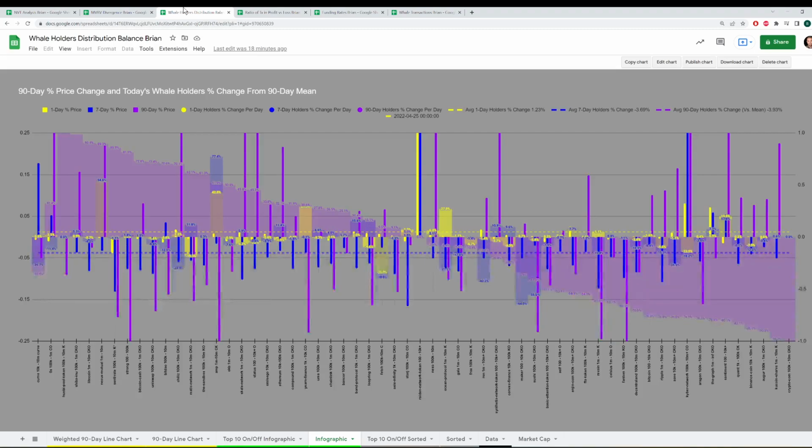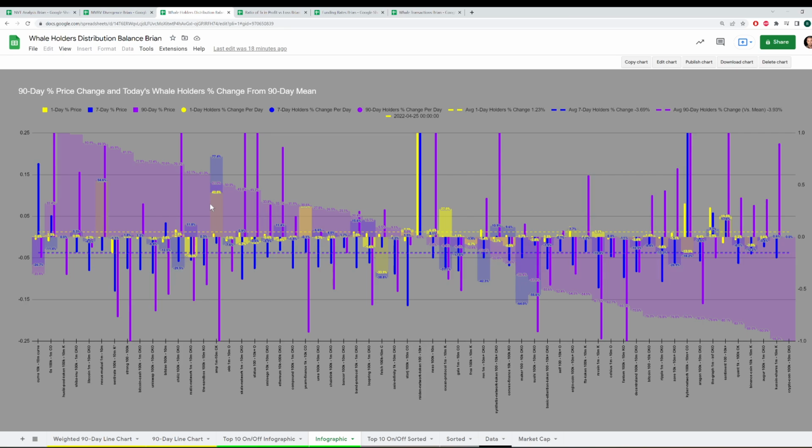All right, next up, we'll keep this one a little brief, but it's the whale holders distribution Sansheets model. What it does is it'll show the 1-day holders percent change within the respective whales for any asset's range over the past 90 days.